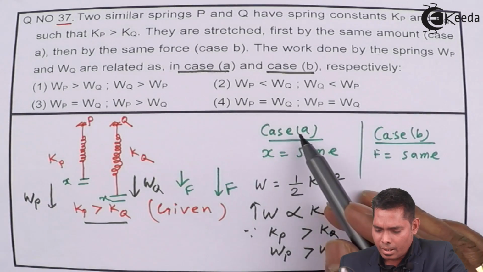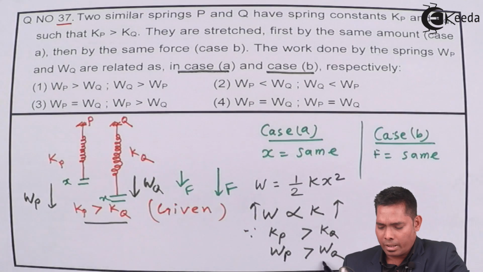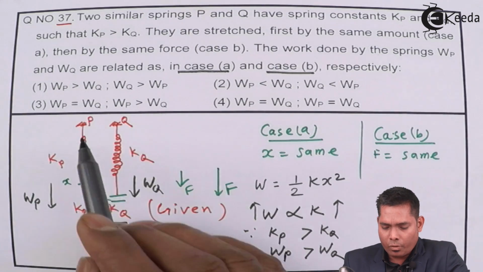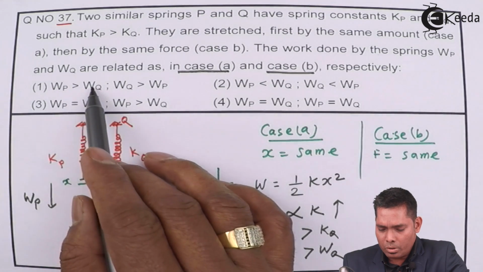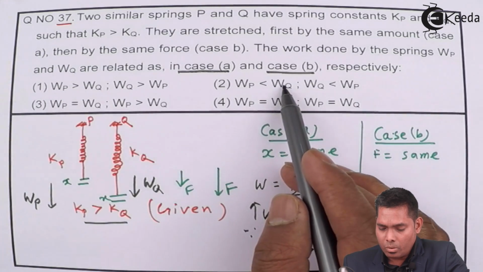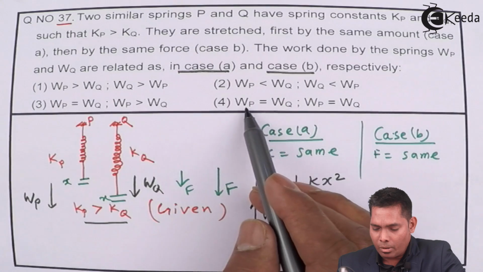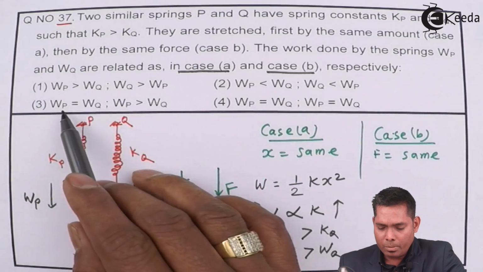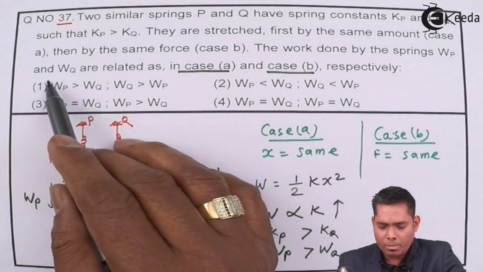So for case A, this is the right choice. Wp is greater than Wq is correct. Wp is less than Wq, no. Wp is equal to Wq, no. So option number 1 is correct.